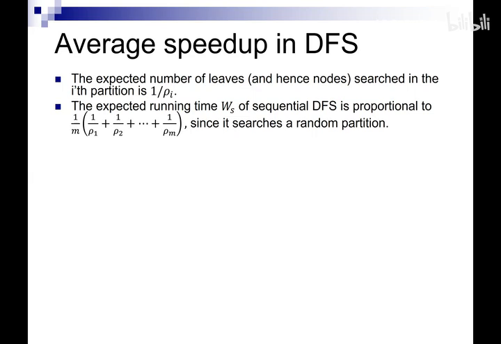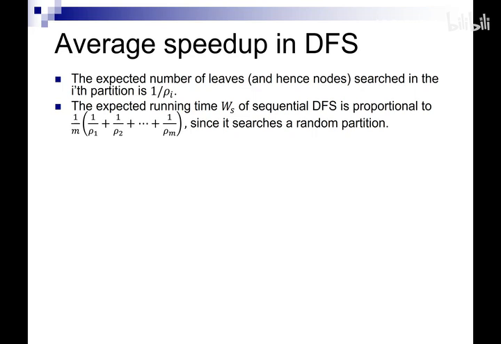And so the expected running time of the sequential DFS algorithm is going to be this expression over here. It's 1 over m, the number of different partitions, times 1 over rho 1 plus 1 over rho 2, and so on.